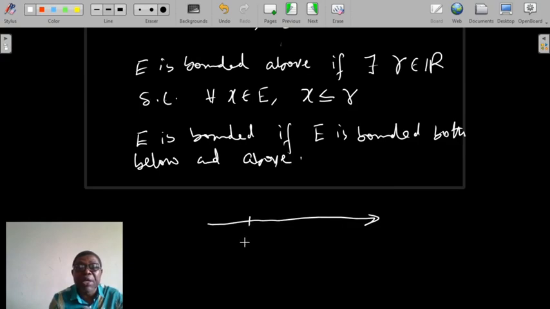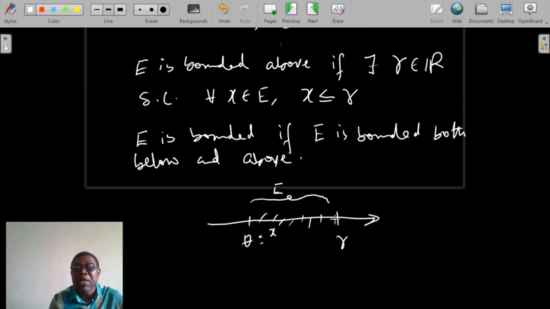So assuming that here is theta and somewhere here is gamma, and the set in question is this portion of R, not necessarily an interval, then E is bounded below if we can find this theta in R so that for any x we pick in E, theta is less or equal to x.